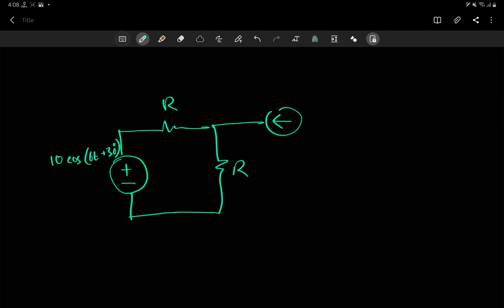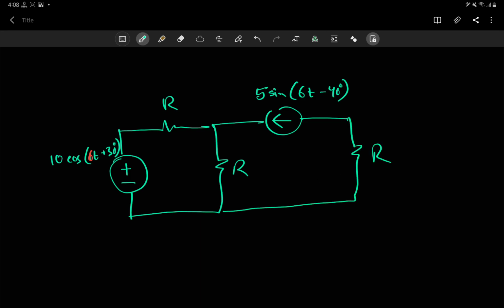For now we are going to restrict it to the same number just for simplicity. This 60 needs to remain the same. So maybe we are going to use a different number like 5 sine 60 minus 40 degree, maybe. So this can be many things, right? And you can have resistances, etc.